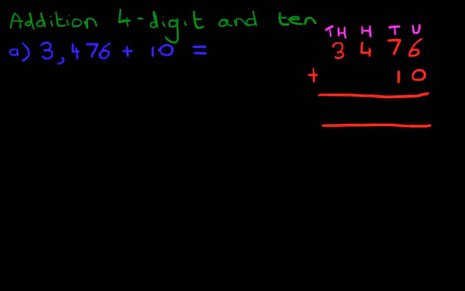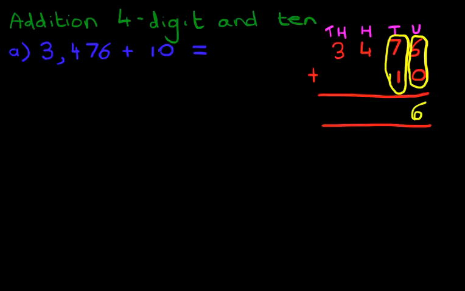So as always, we begin by adding the column on the right hand side first. That is this column here. 6 plus 0. That's a nice easy one. 6. Now we do the tens column. So we add this over here. 7 plus 1.